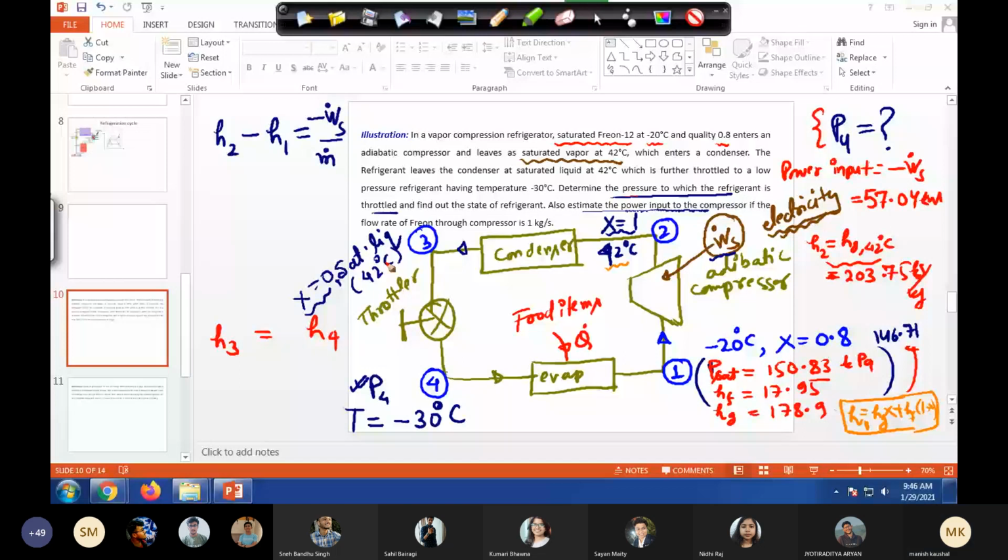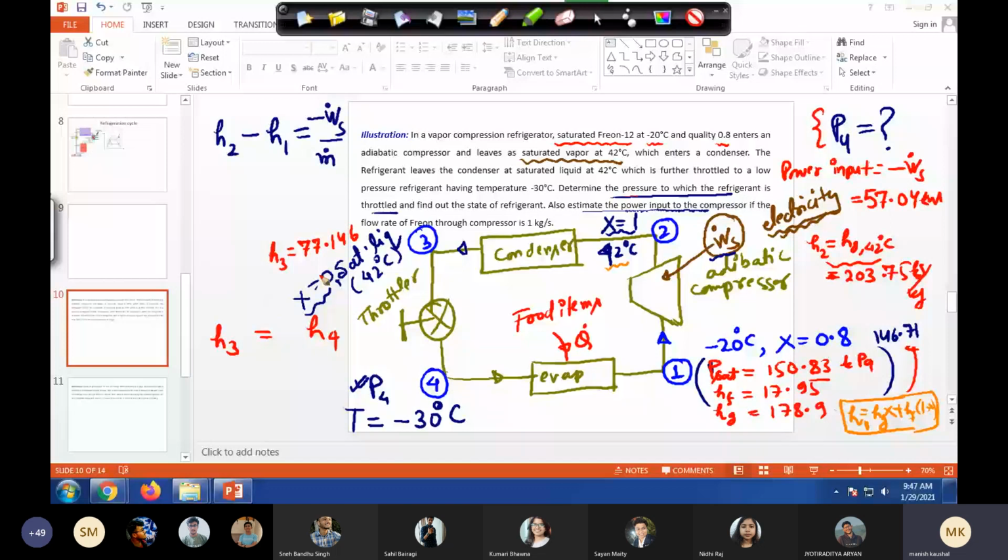You can check also. So H3 is 77.146. Can anyone check in your Freon table? I think that's what I have noted down, I think it's fine. You can check it later.